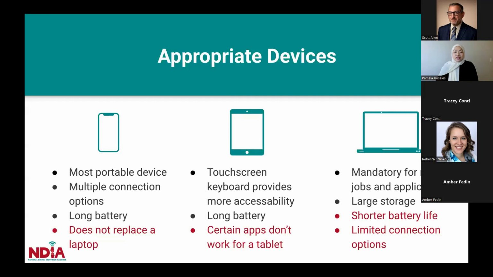And when we think about folks who are using telehealth and apps to learn more about their health or mental health, it's usually done through a phone or a tablet, and those applications might not work well with a laptop. So there are pros and cons to every single one, and it's really just exploring what the person needs to determine what is the best fit device for them.